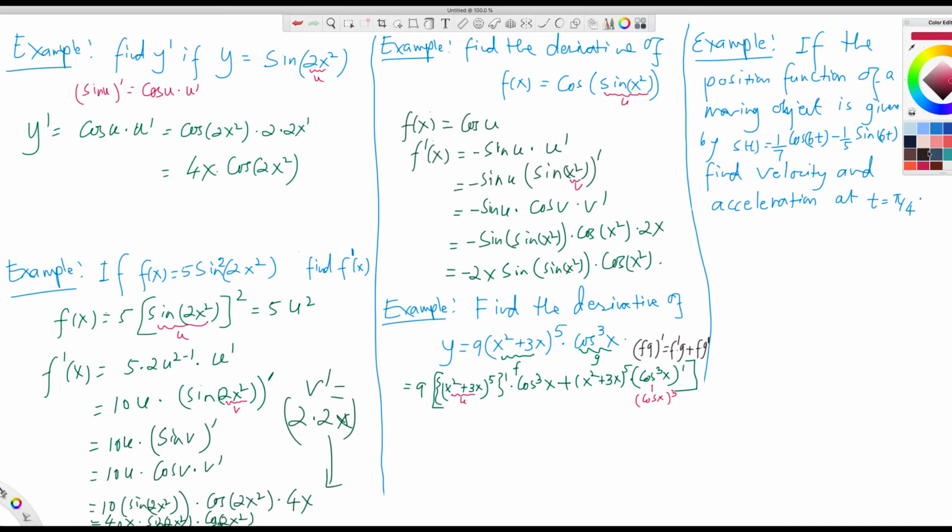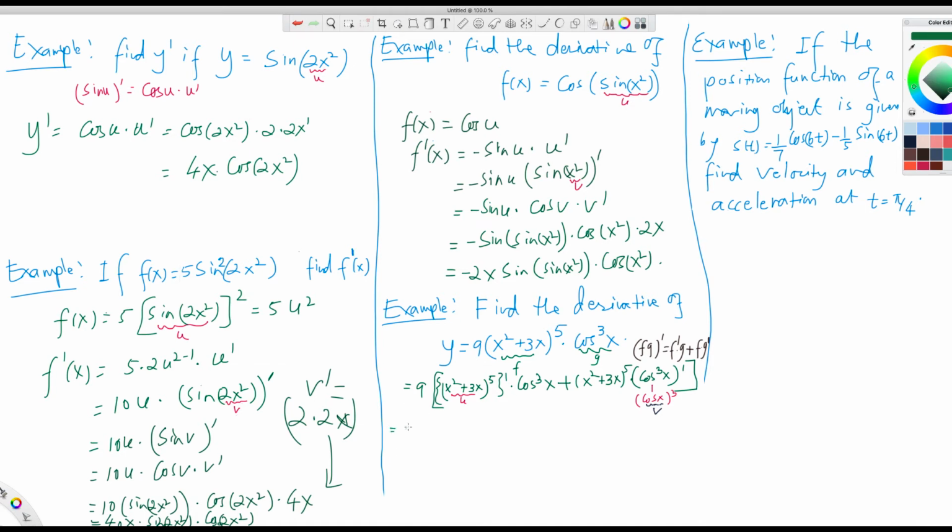So take this as v, so it is basically v cubed prime. You see that? So let us do that derivative here.